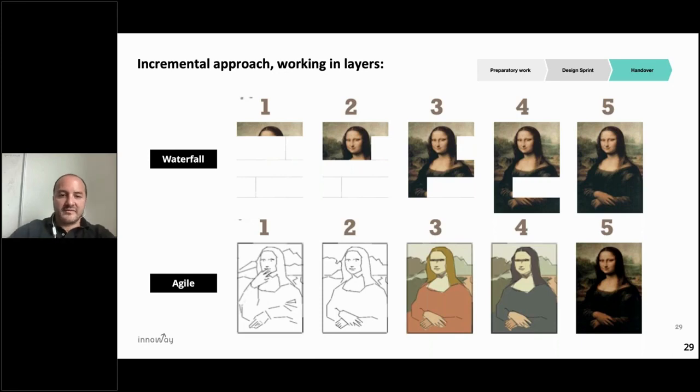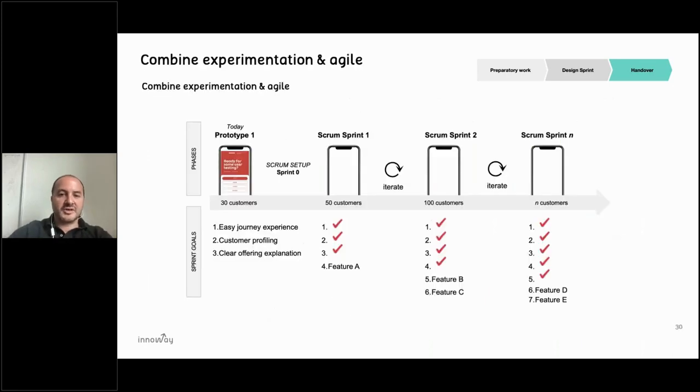So following this approach, we put together the different phases, the different scrums, to make sure that we would reach the intended launch date, and we did. So these are the things that we suggest.